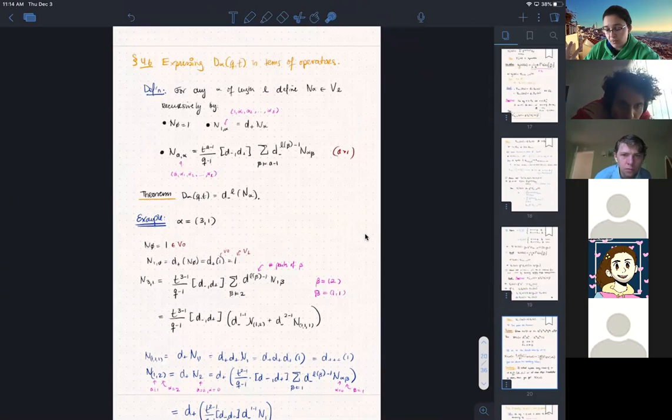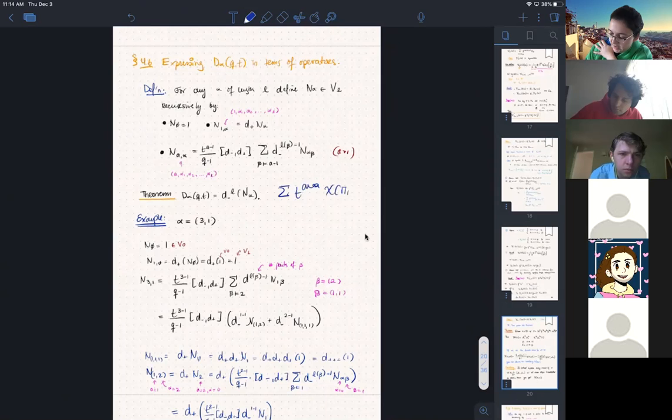And the next thing that we wanted to know was how to incorporate the t's. We know that the shuffle conjecture is essentially telling you that this nabla en, which is what we were calling d alpha qt, because that's what they use in the article, is supposed to be t to the area times chi of pi 0.